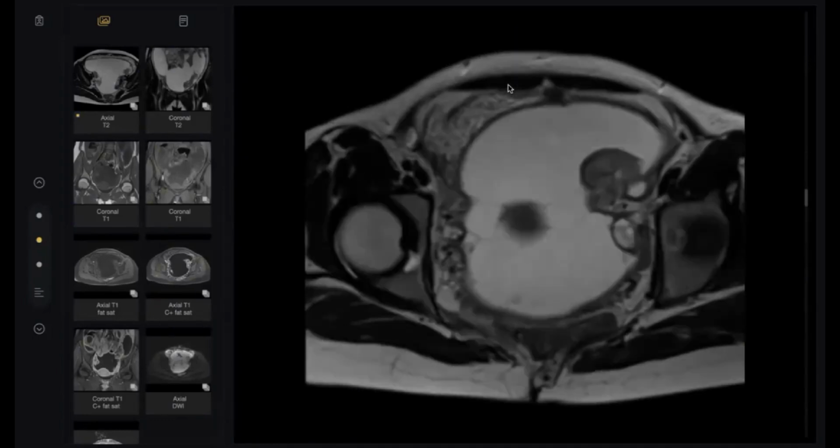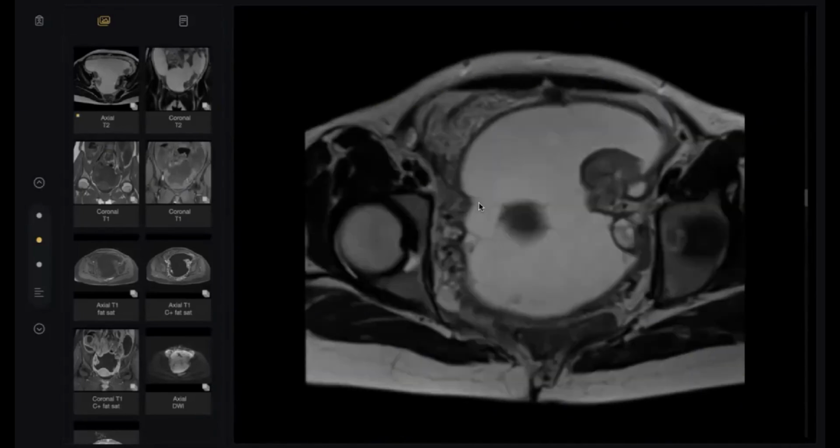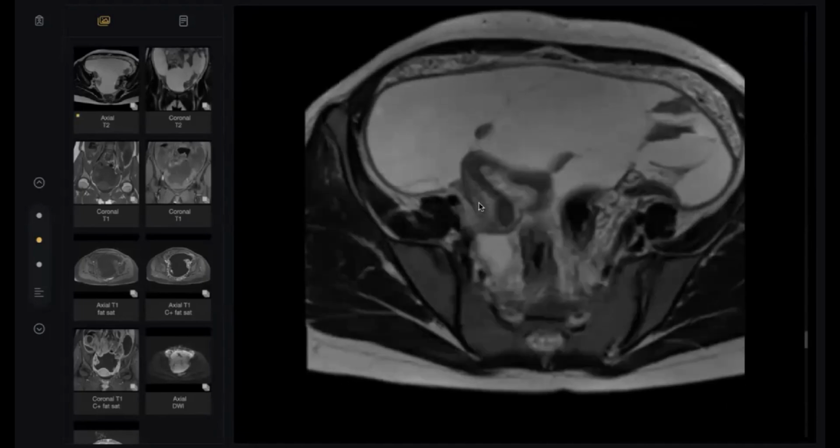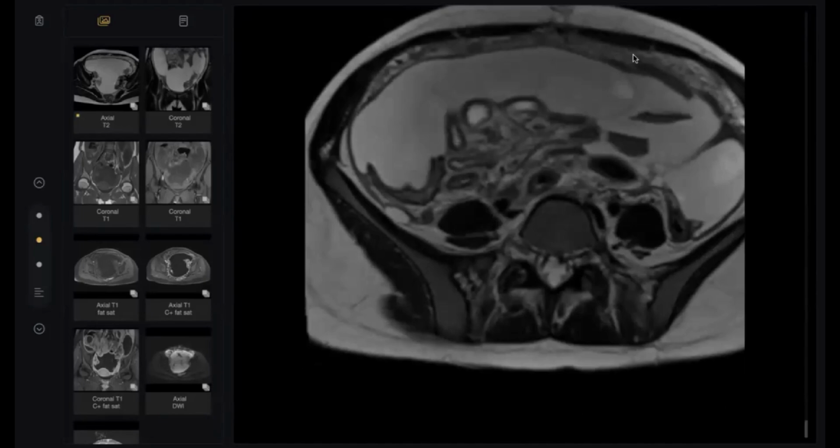Even the TB extended to both ovaries. You can't separate the ovaries from the inflammatory masses. Somebody may consider this a large cystadenoma or cystadenocarcinoma. No. Why? This is impossible.